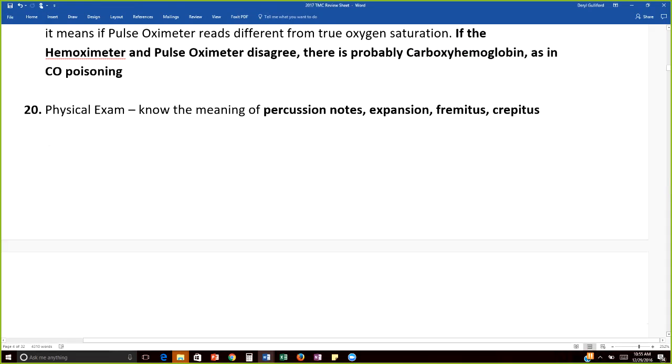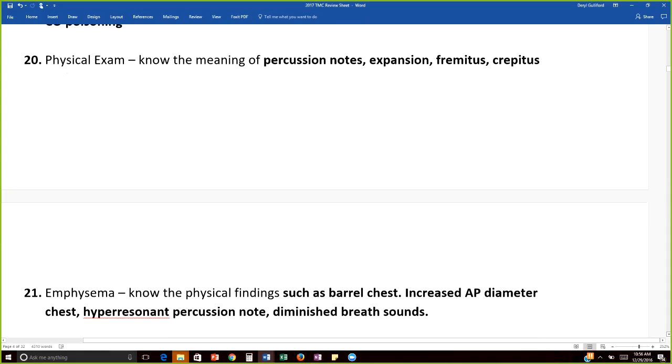Expansion, a decreased expansion of part of the chest, might be a large pneumonia or a large atelectasis. Fremitus is increased in pneumonia and other consolidation type conditions. And crepitus is the air in the soft tissues around the thorax, which could mean there's an underlying pneumothorax. Just a few examples.